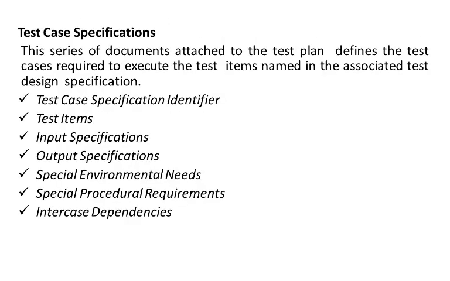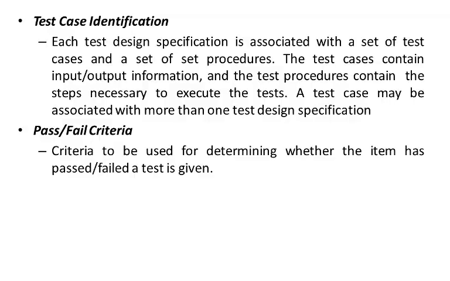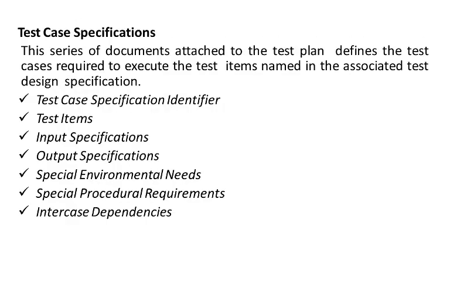The next one is the test case specifications. This series of documents attached to the test plan defines the test cases required to execute the test items named in the associated test design specification.